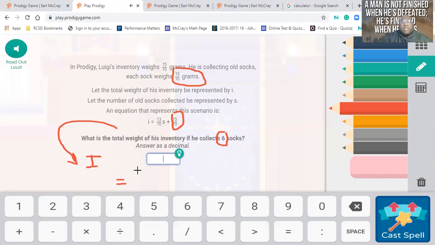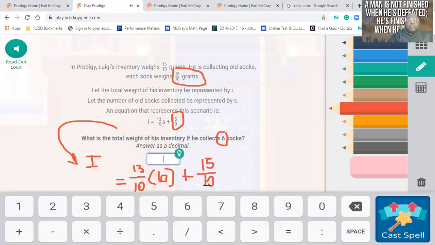So 13 over 10 is the rate. That's our proportional thinking for each sock. And then we're doing this for 6 total socks. And then our initial weight that we're starting with is this 15 over 10. And everything has to be in a decimal form.